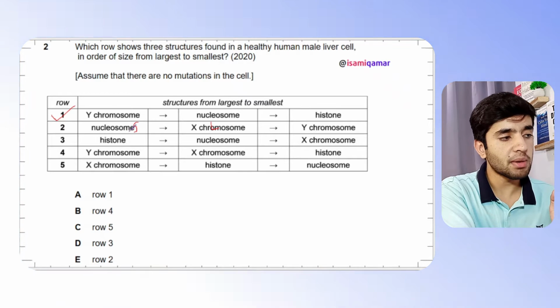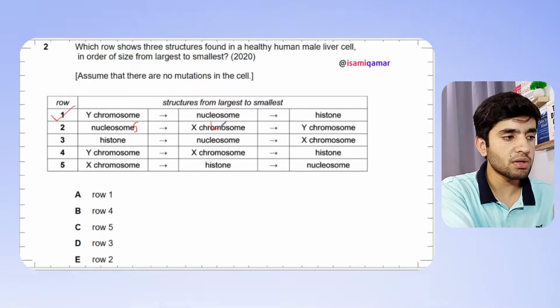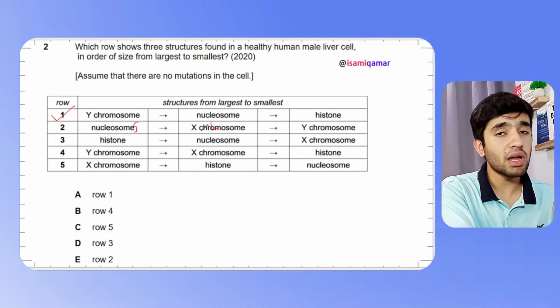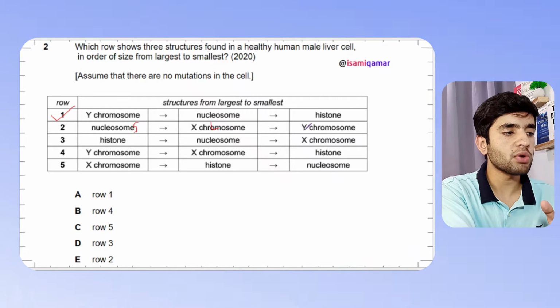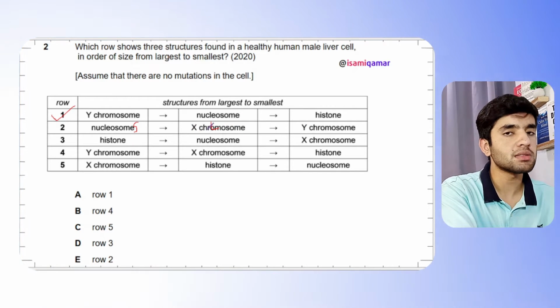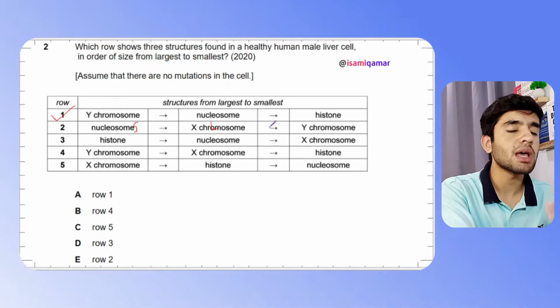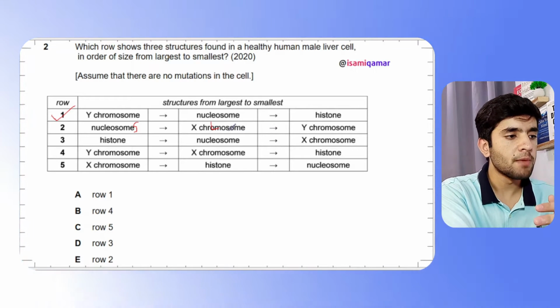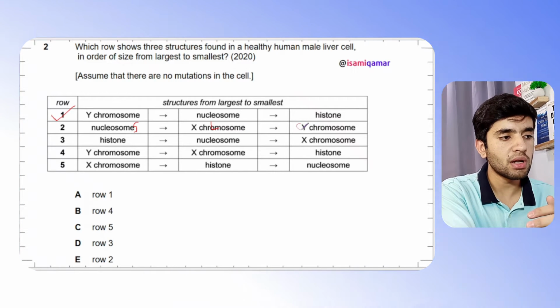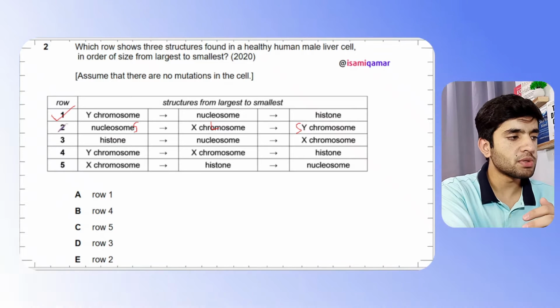But here the smaller size comes first, then the larger size, and then the Y chromosome. If you don't know about X and Y chromosomes, X is a big chromosome and Y is comparatively small. So this option is wrong.